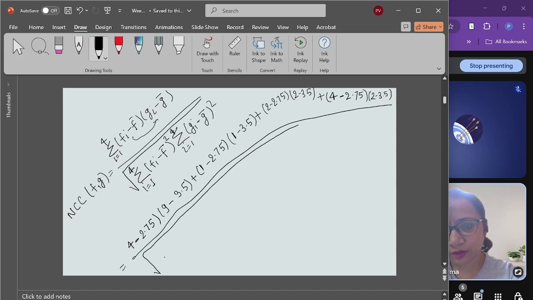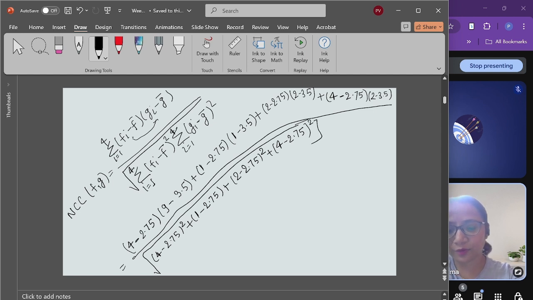Here it is again 4 minus 2.75 square plus 1 minus 2.75 square plus 2 minus 2.75 square plus 4 minus 2.75 square.